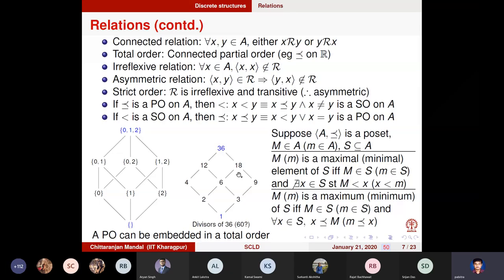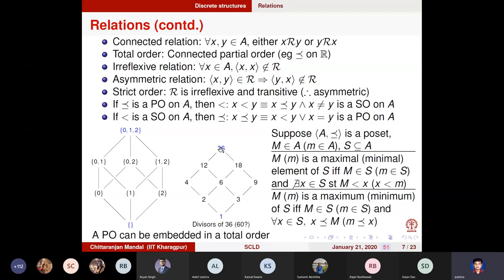You take that member of the upper bound which is less than or equal to all other members of the upper bound. Let me rephrase it a little bit: which is not greater than or equal to the other members of the upper bound.